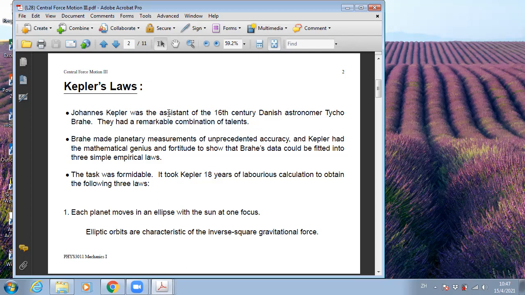The teacher is a very, very careful and hardworking astronomer. He made a lot of planetary measurements very accurately.